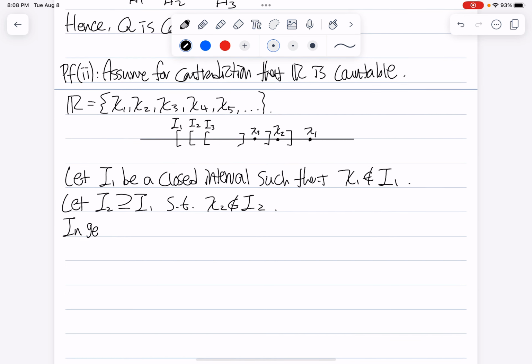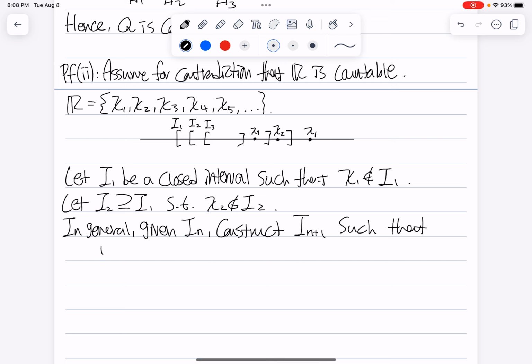In general, given the nth interval, construct I(n+1) such that, one, I(n+1) is entirely contained in I(n), and two, x(n+1) is not in I(n+1).